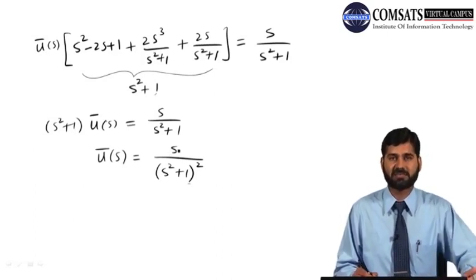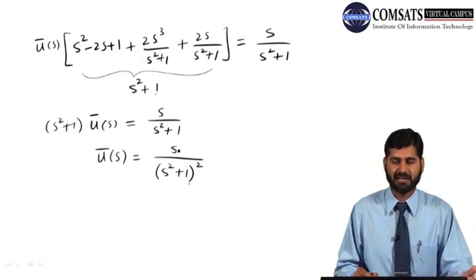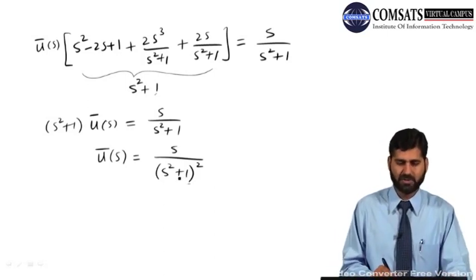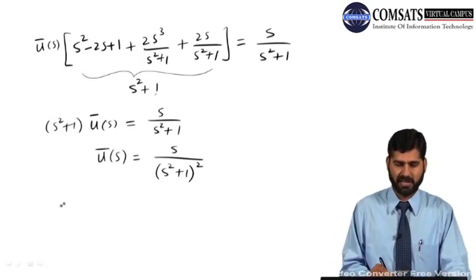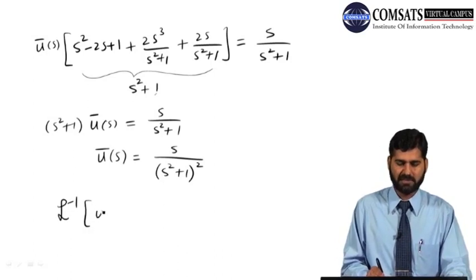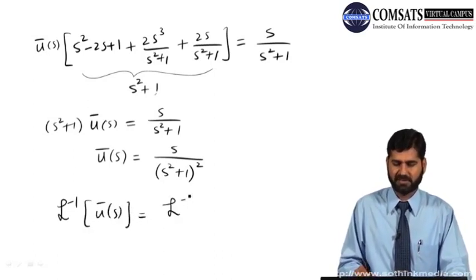Either write it as a product. I think in one of the examples we have found the Laplace inverse of this thing. So I can use the same example. So take the Laplace inverse now: u of x is the Laplace inverse of u bar of s, this whole thing.